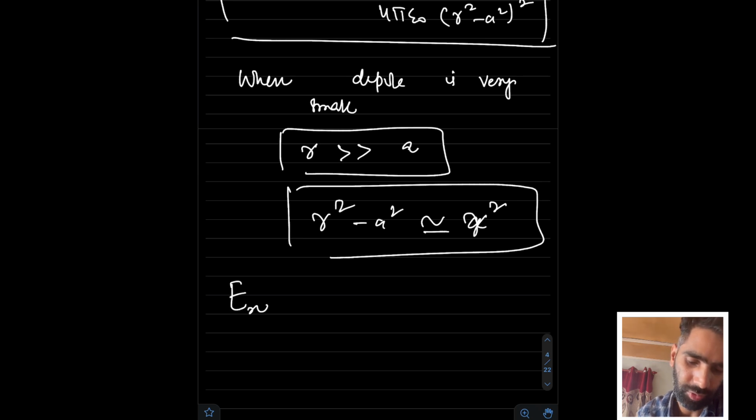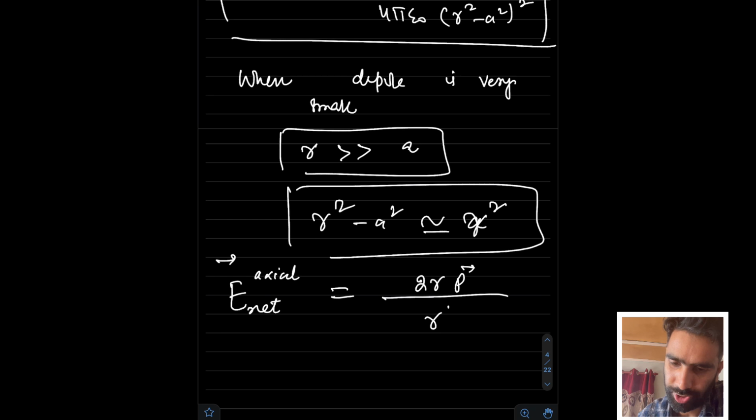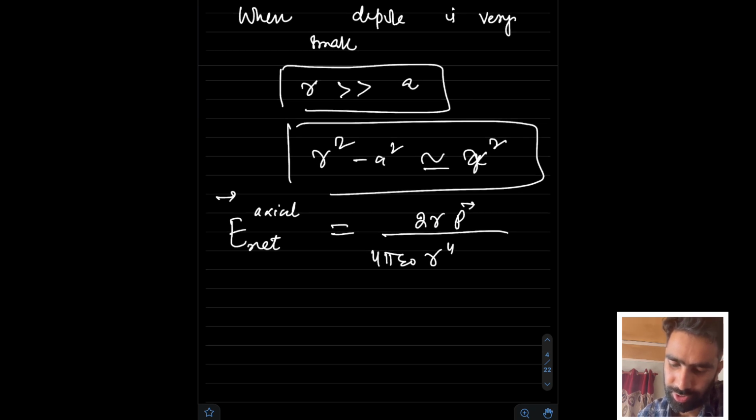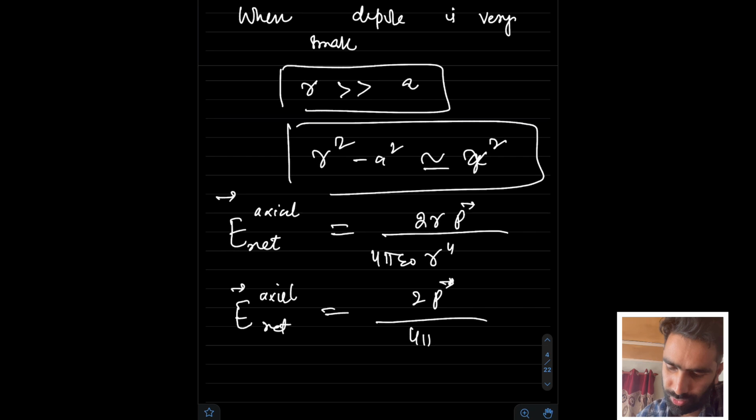Then for a short dipole, E net axial will be 2rp over 4 pi epsilon naught r square whole square, so that we can easily see that one of the r gets cancelled, and we are left with 2p over 4 pi epsilon naught r cube.